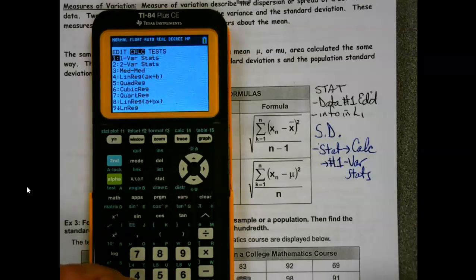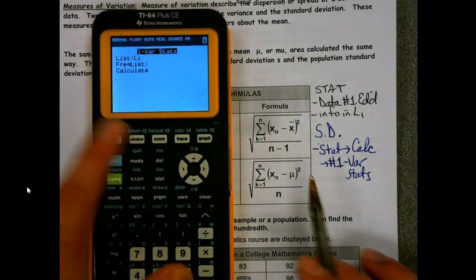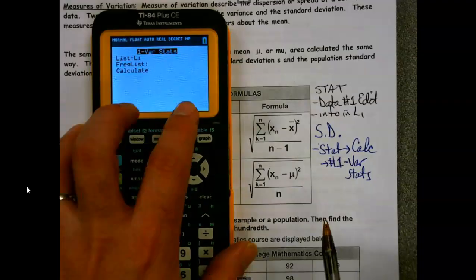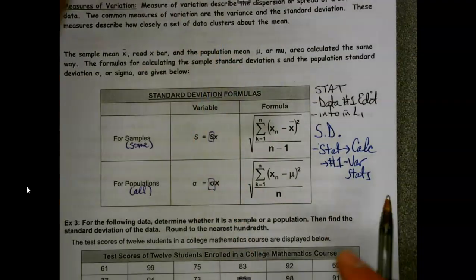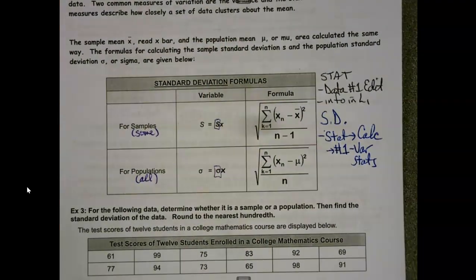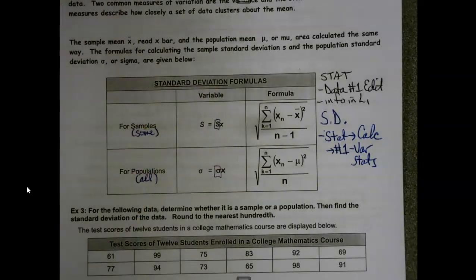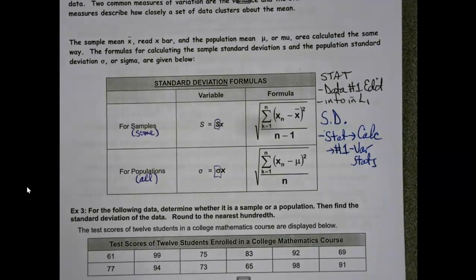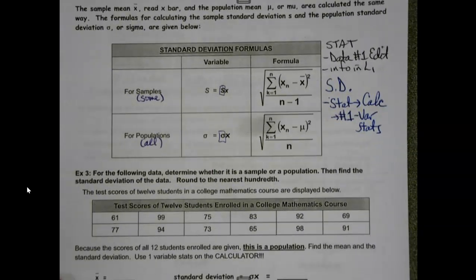So you would take that, hit calculate, and I'll show you where we're going to be looking for stuff in a moment. But that's the general idea of where you're going to be punching your information in and finding your answers as you go. And again, if you flip forward a couple of pages in your notes, there's a real nice layout of everything there. But let's actually do one of these.